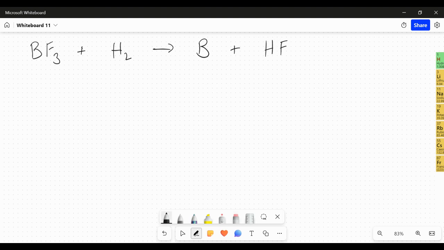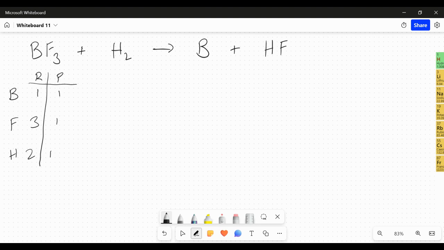So let's balance it out. Let's list what elements we've got. We've got boron, we've got fluorine, and we've got hydrogen. Okay, reactants and products. Let's count them up. 1 boron, 3 fluorine, 2 hydrogens on the left, and then 1 of each on the right.